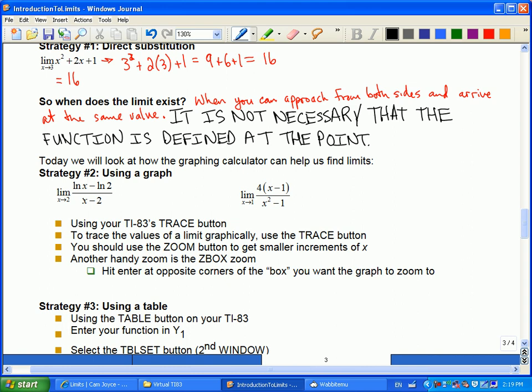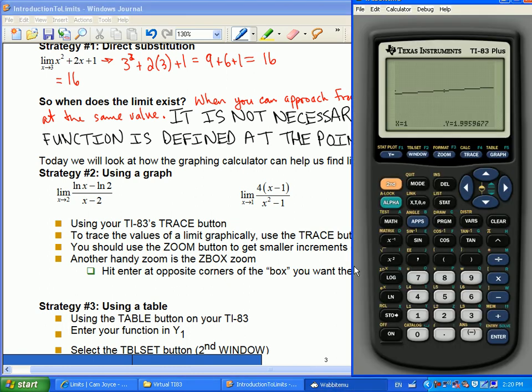So let's put in natural log of x minus natural log of 2, divided by x minus 2. And we'll use the graph to try and determine whether or not this limit exists.